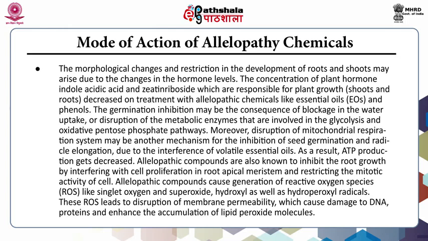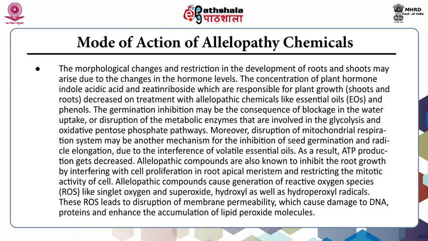Moreover, disruption of the mitochondrial respiration system may be another mechanism for the inhibition of seed germination and radicle elongation, due to the interference of volatile essential oils. As a result, ATP production decreases.